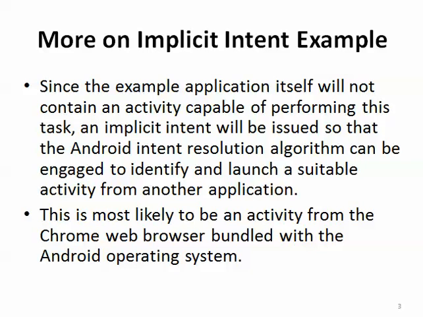Then the application will search for another application that has an activity that is able to do that, and it is likely that we will open the Chrome web browser in our mobile device. So that's the idea.